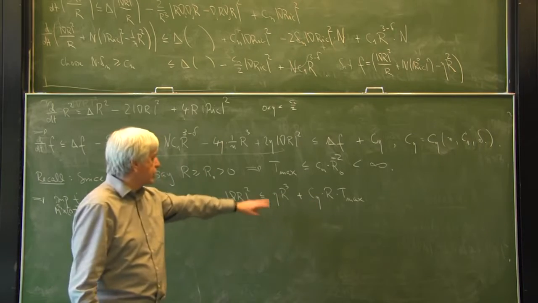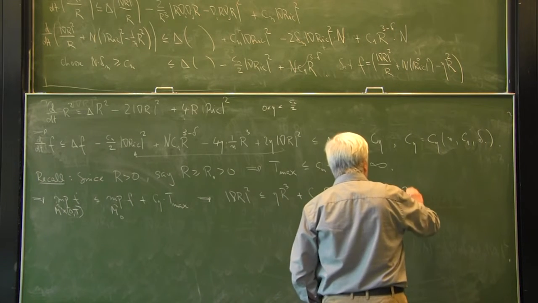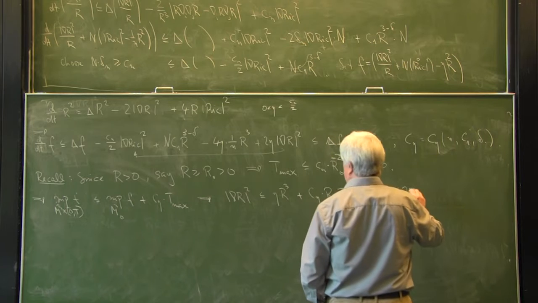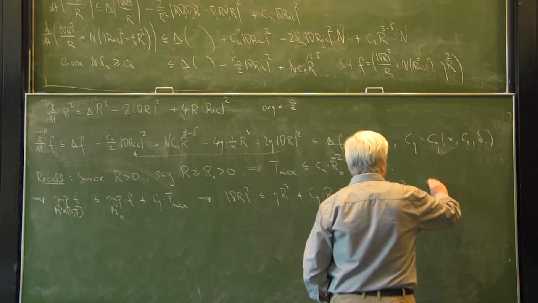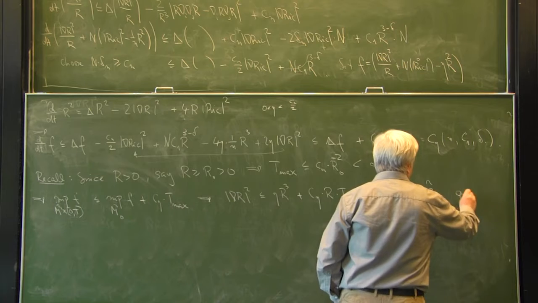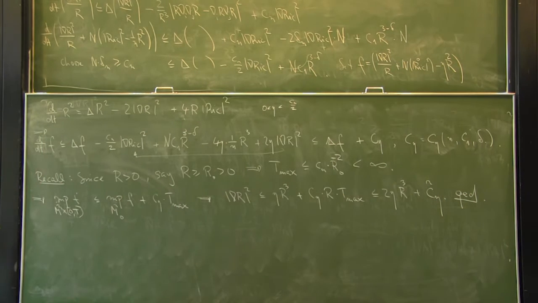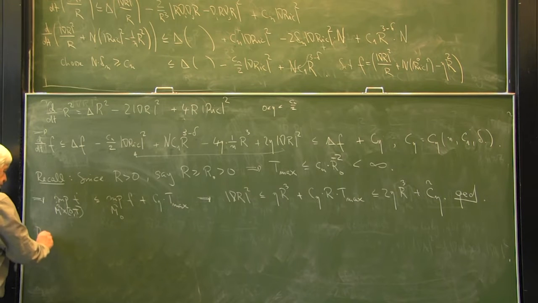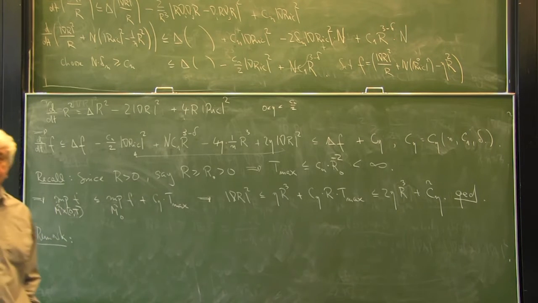And now we can absorb this in here, and this is less than 2 eta times gradient r times r to the 3 plus some c tilde of eta. And that completes the gradient estimate.